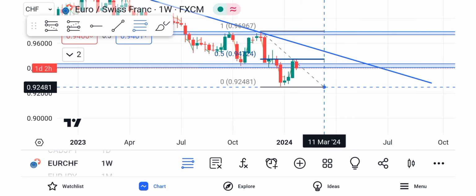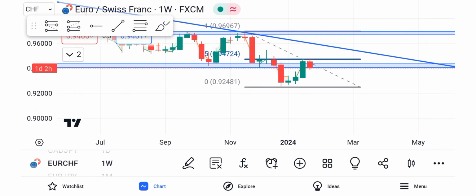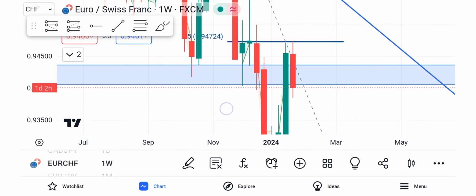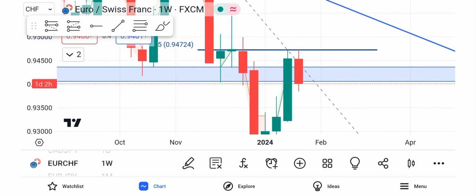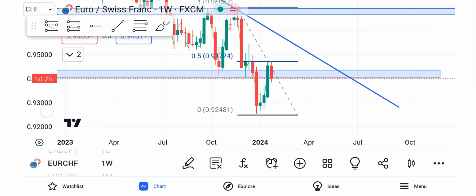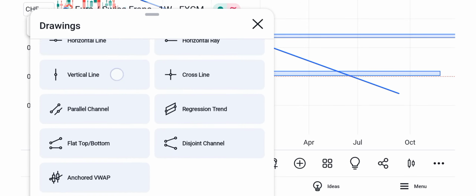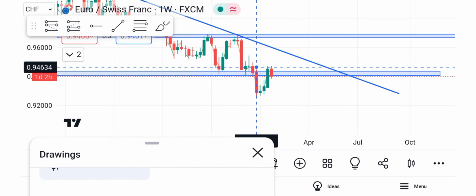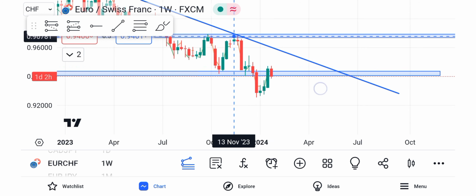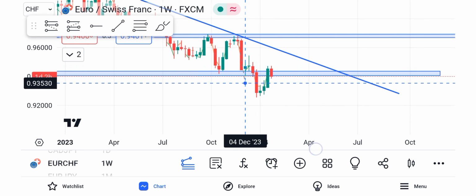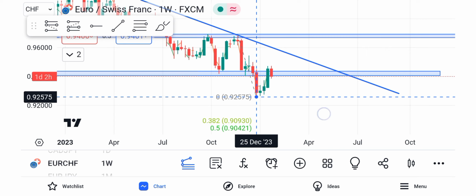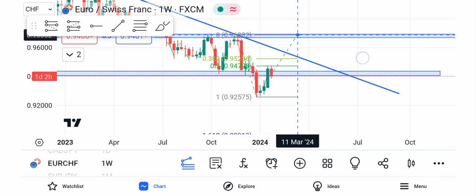Bam, bam. Now guys, this is very beautiful, right? See how the price is respecting the 50% level on the Fibonacci. Very beautiful. Now that is even more beautiful because it's going to help us identify the next level target. So we can use our Fibonacci extension tool from A to B to C. Okay, boom.